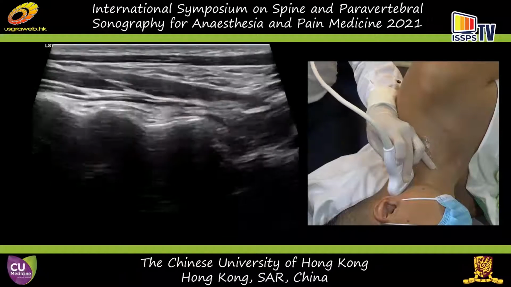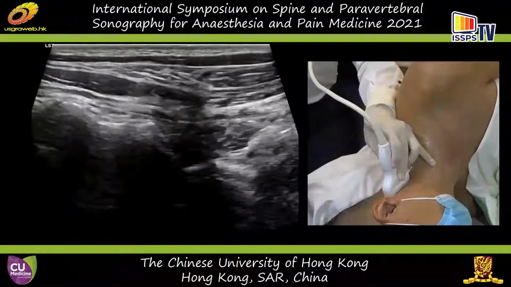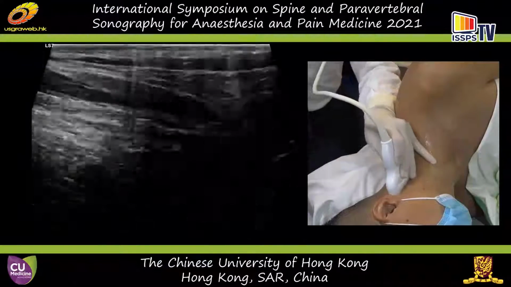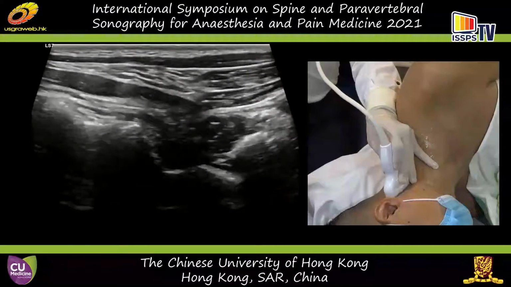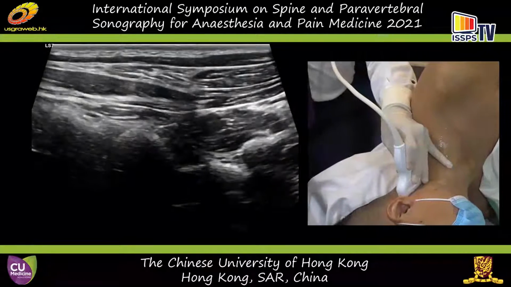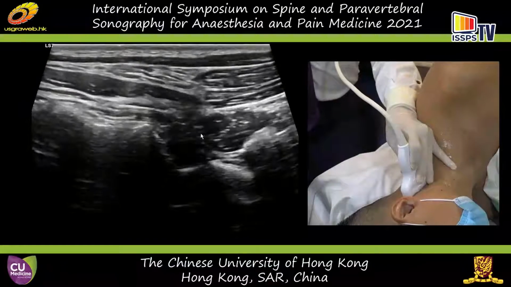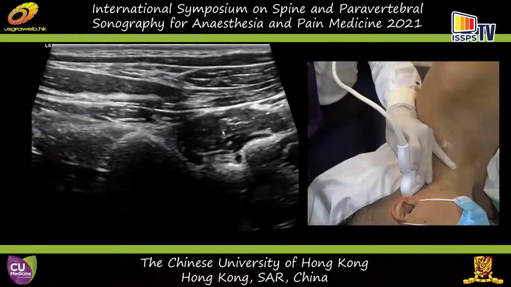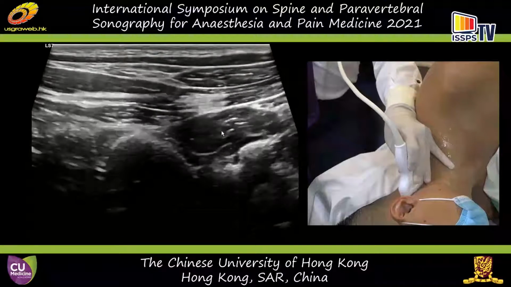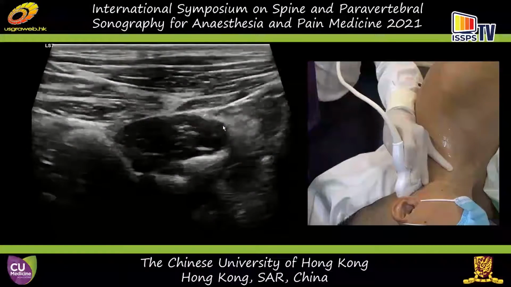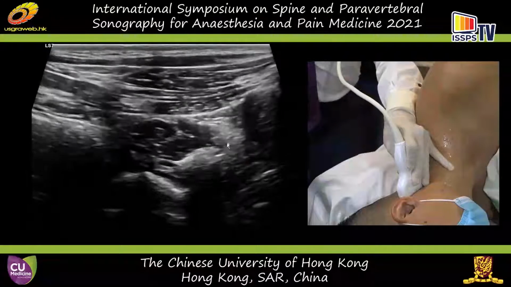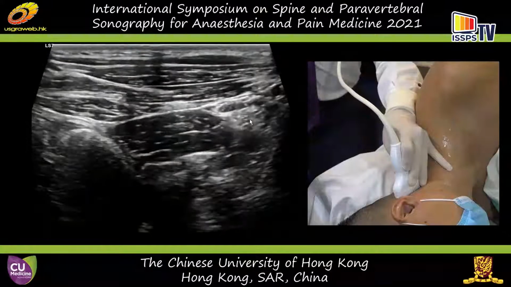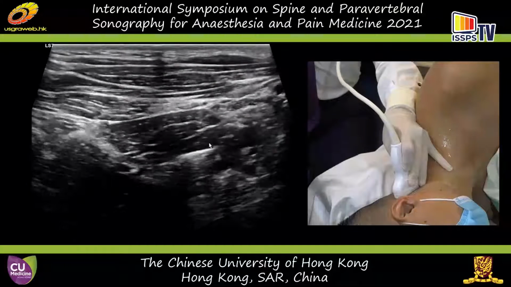Okay, let's go back to a few structures in this view here. We have this right cranial to the C2-3 facet, and then we have this muscle here, which is in fact the obliquus capitis inferior muscle. And above the C1, in fact, you have another muscle which is called the obliquus capitis superior muscle. So the C1 is the bifurcation.